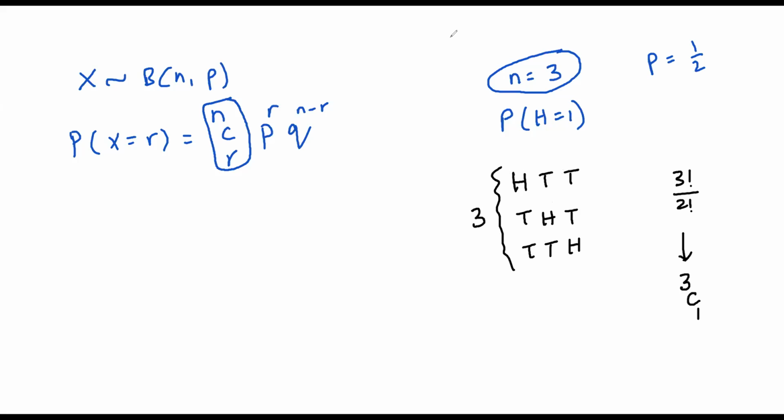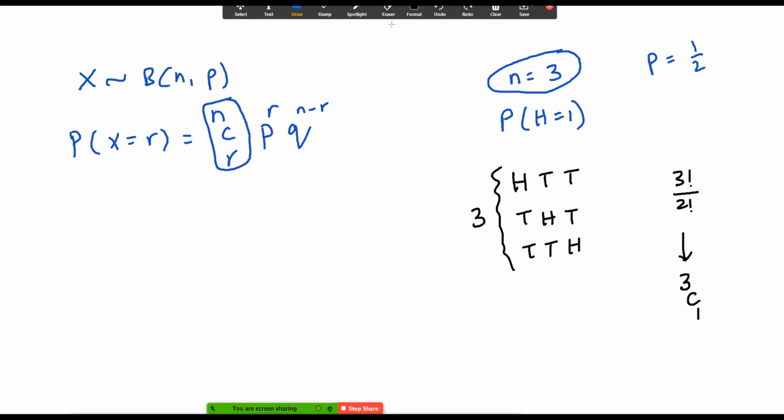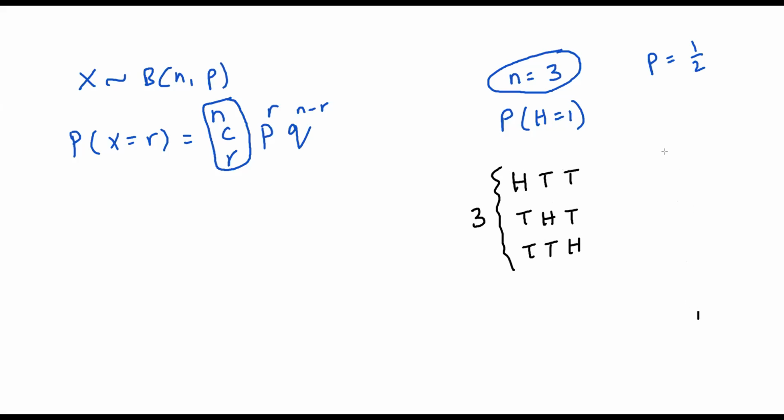Okay, now if you let me write this here. This 3 was basically 3 factorial over 2 factorial, or this can simply be written as 3C1.